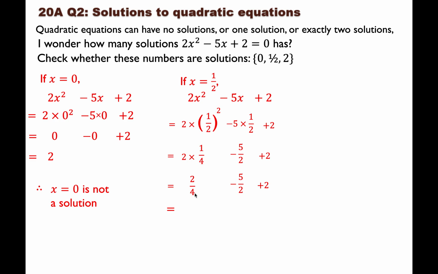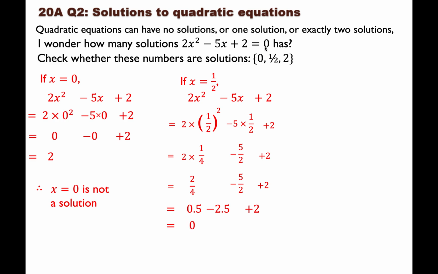So 2 divided by 4 is 0.5. 5 divided by 2 is 2.5, and then add 2 at the end. So 0.5 take 2.5, you can figure that out, but I'll skip past it. So the left-hand side here, when you figure it all out, if x is a half, ends up being 0.